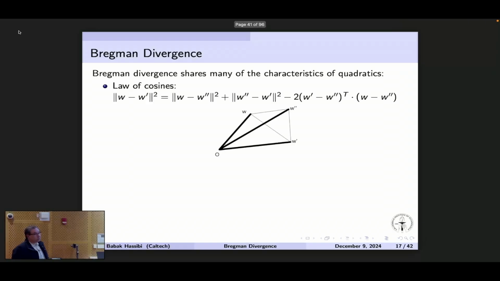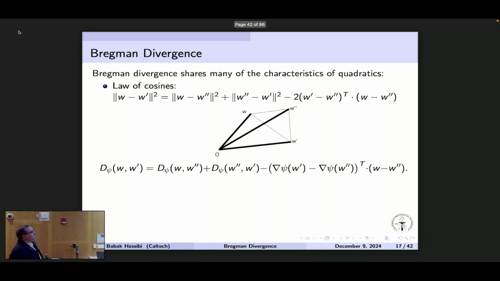Let me show you some examples. We all know, hopefully from high school geometry, the law of cosines. Because you have a triangle. If I'm interested in the distance between w and w prime, and I have this third point here, this is this squared distance plus that squared distance minus 2 times the product of those, with a cosine.